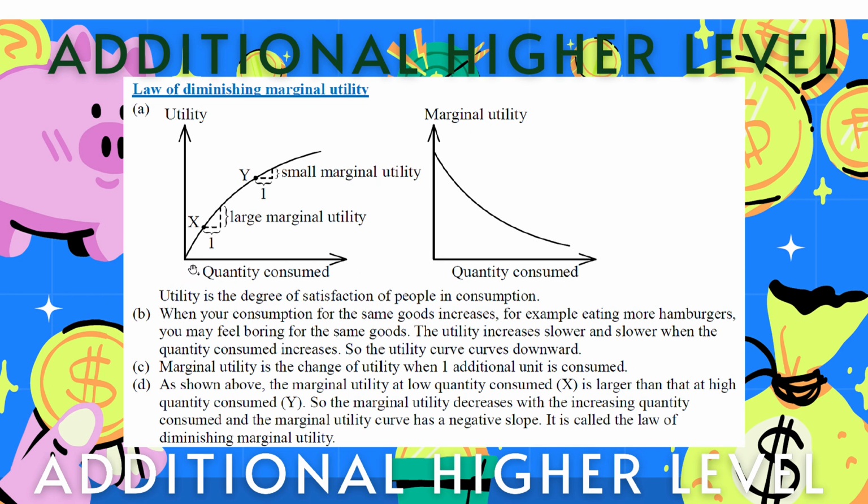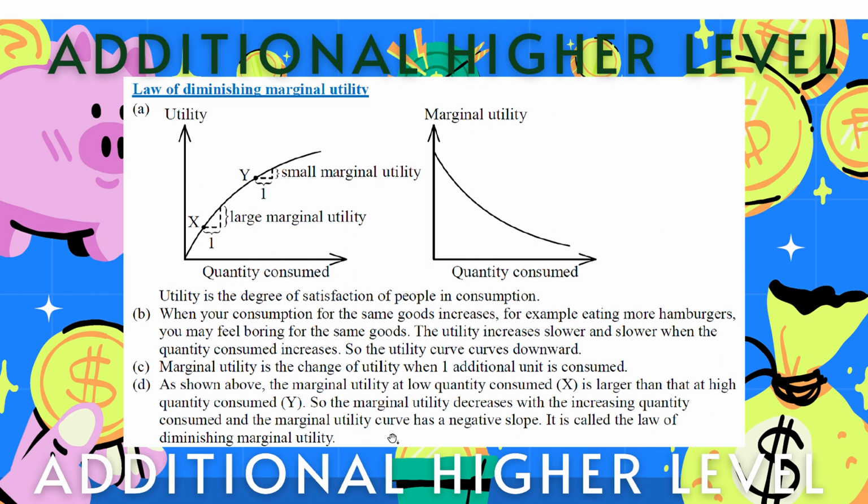So we describe the downward curve of utility because of diminishing marginal utility. Draw the marginal utility out and it will decrease with quantity consumed. The marginal utility at low quantity consumed X is larger than that at high quantity consumed Y.